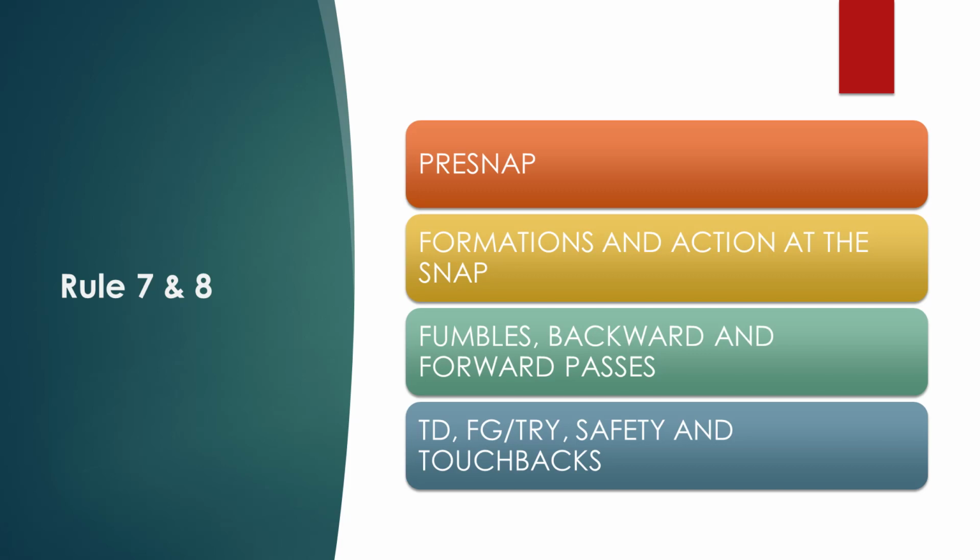And then the next piece we're looking at is formations, and what we're looking for in formations, numbering exceptions, where they can be, fumbles, and backward and forward passes. What do we do with fumbles? What do we do with backward and forward passes? What are the different factors that are affected with those? And then finally, Rule 8, scoring plays and touchbacks.